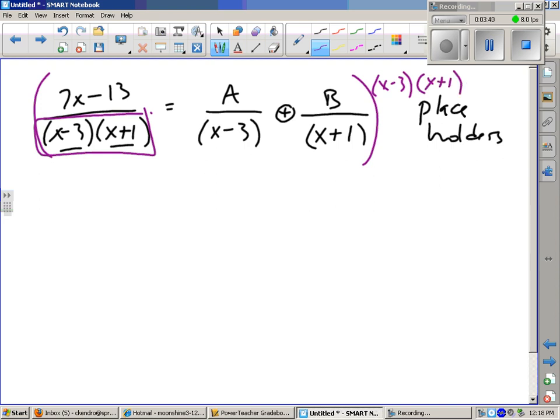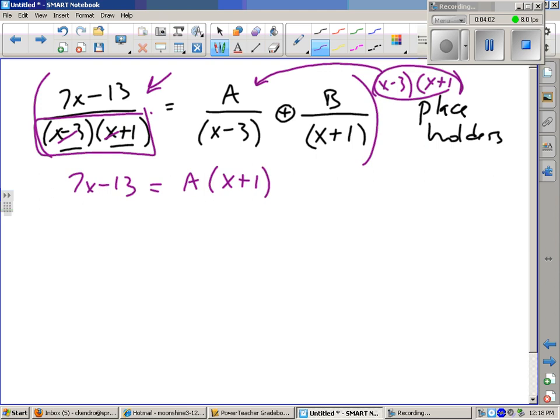If I take this and multiply it by this first one, both of these parentheses are going to cancel with both of these, and you're going to end up with 7x minus 13. Now I'm going to take this and multiply it by that. Here the x minus 3's cancel, and you have A and x plus 1 left over. Now if I go to here, the x plus 1's cancel, and you're left with B times x minus 3. So that is multiplied by the denominator.